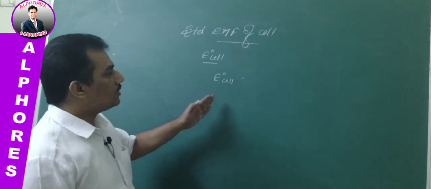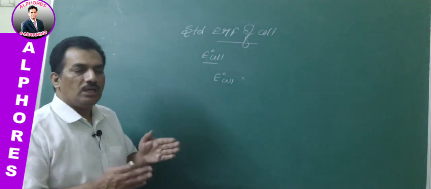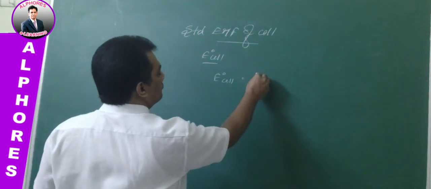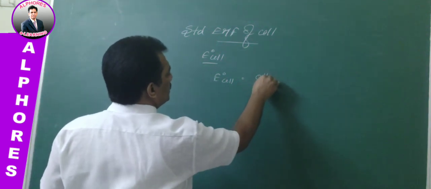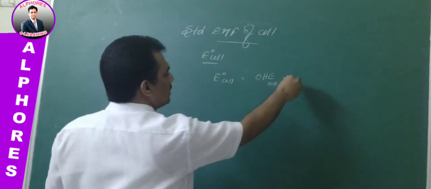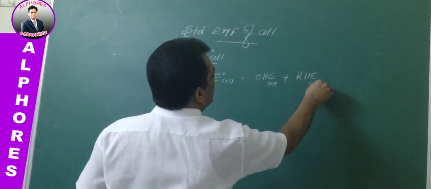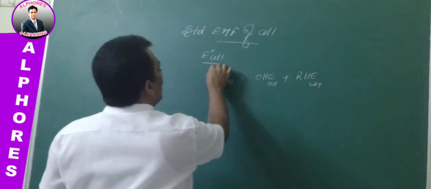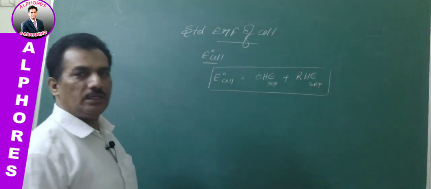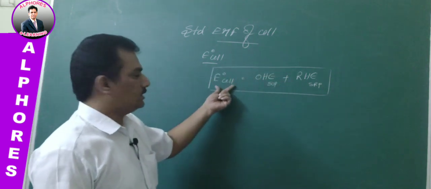But if one electrode is in SOP and the other is in SRP, the EMF of the cell is the oxidation half electrode SOP plus the reduction half electrode SRP. That is the sum of the oxidation potential of the anode plus the reduction potential of the cathode, which is equal to E naught cell.